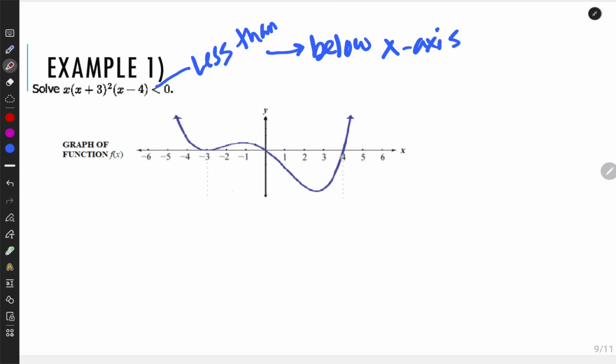Let's see. So when we're below the x-axis is what we're highlighting. I don't know, my highlighter is going to be so giant, but it is, okay? We're just going to roll with it. Let me see if I can use this one and it not be so giant. Okay, they're all going to be giant. Let me see if I can make them not giant.